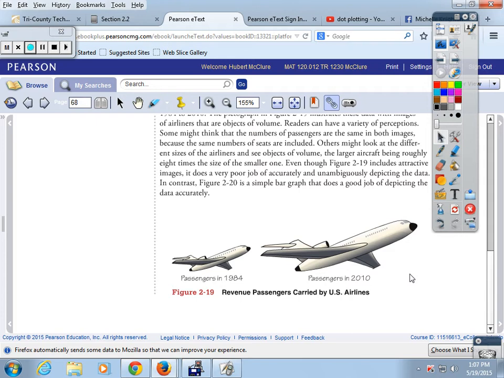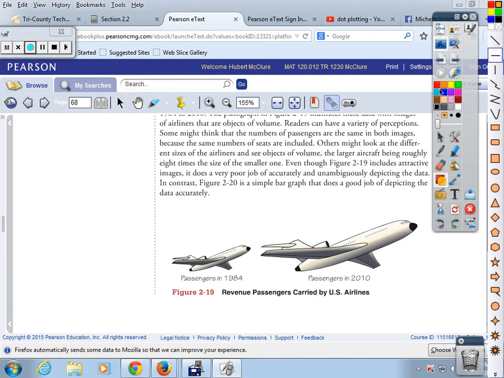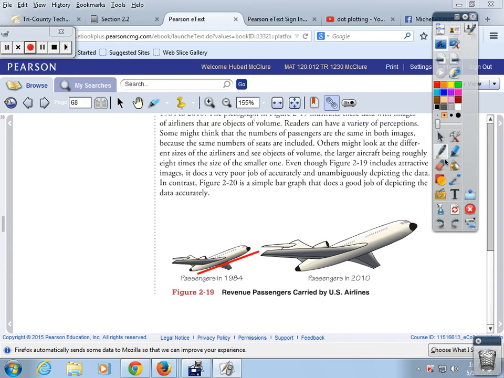Okay, so let's do this. Let's take a red line here. I'm going to draw a line from the tail of this. No, I'll tell you what we're going to do. We're going to make it even better. Let's take our snipping tool.